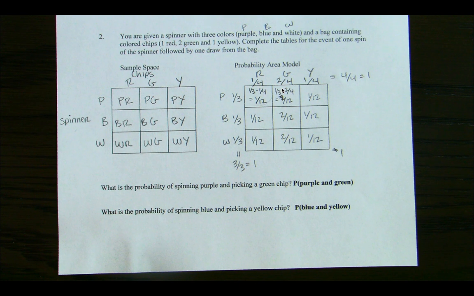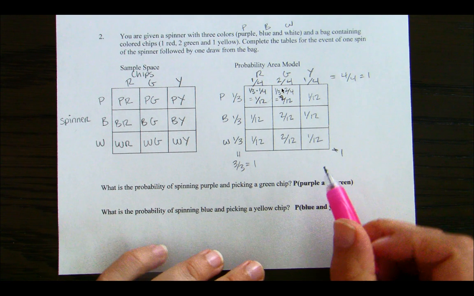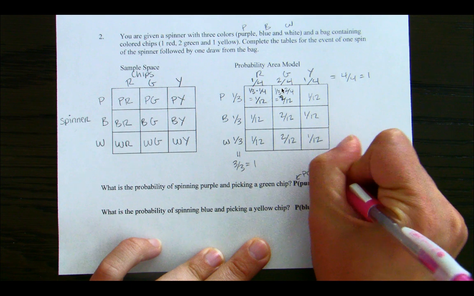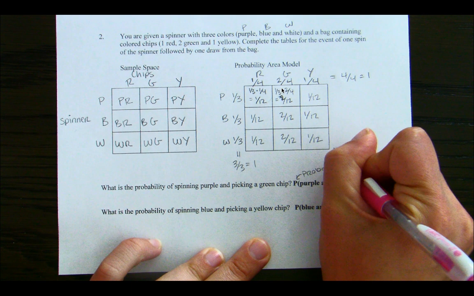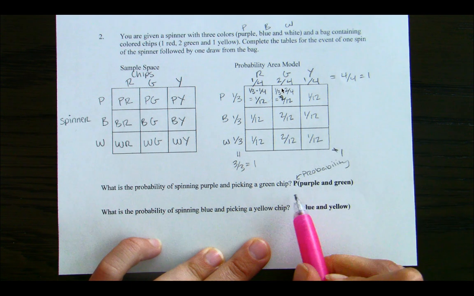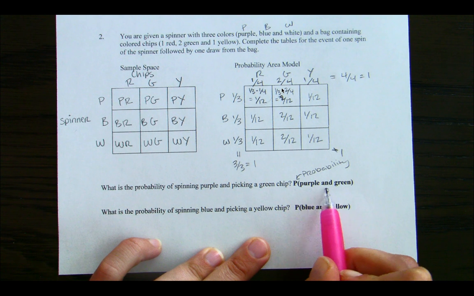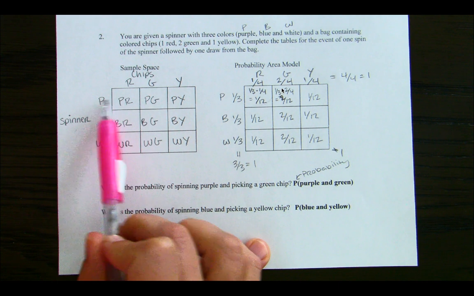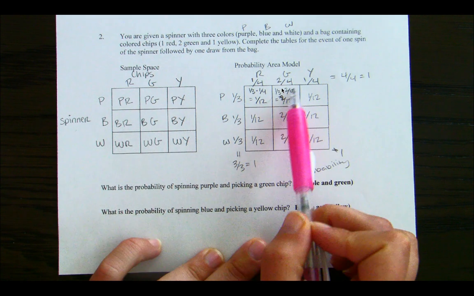So I need to answer, what is the probability of spinning purple and picking a green chip? When we write it mathematically, P represents probability, and then the probability of purple and green. So I need to figure out purple and green, which is this one right here.